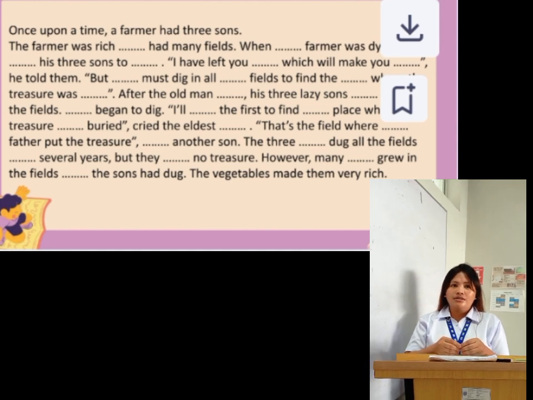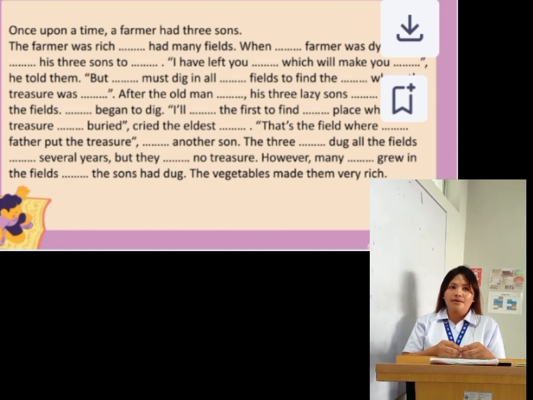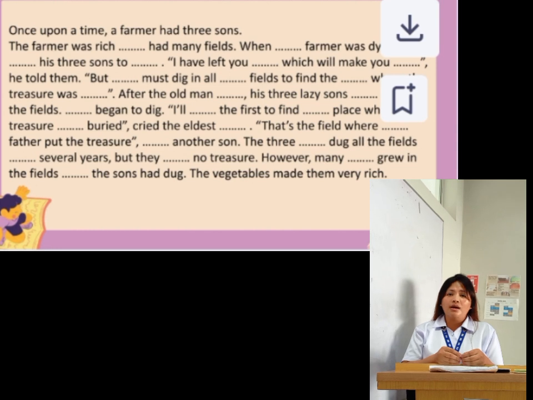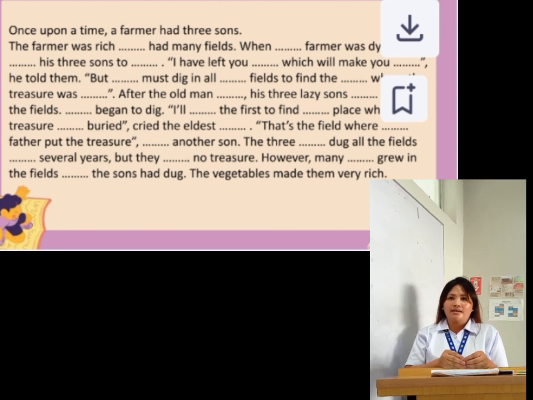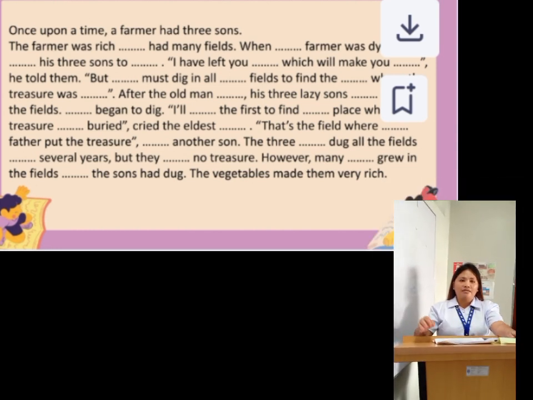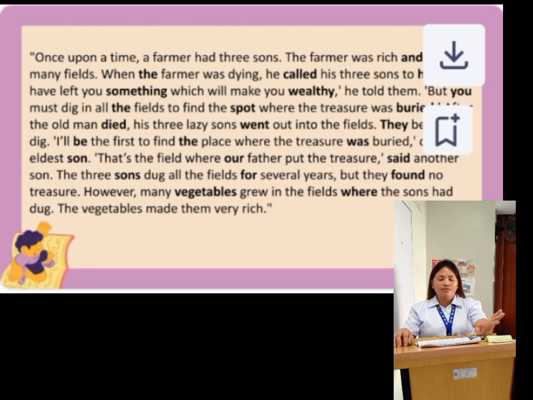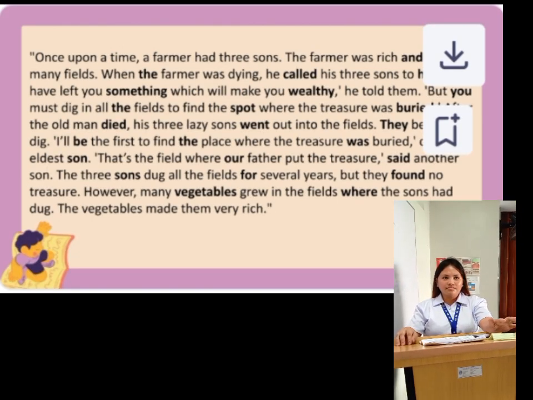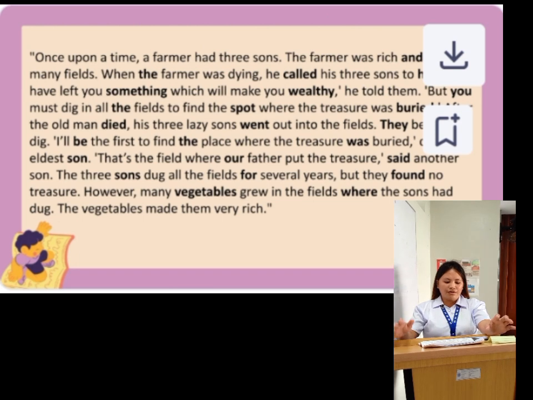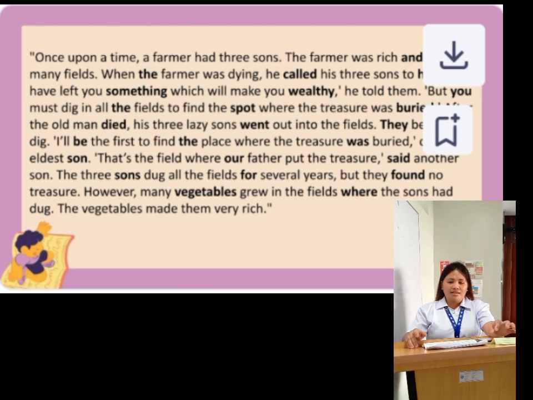The example here is: once upon a time a farmer had three sons. In every sentence in the paragraph, there are missing words. The fixed ratio cloze is the fifth word of the sentence.